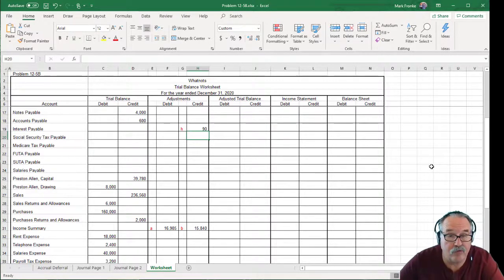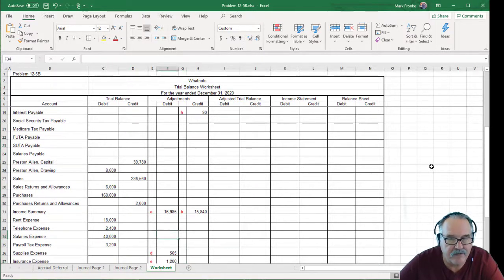I is the accrual for our wages. These are for people that worked for us. We haven't paid yet. The debit goes to salaries expense. This is I, $1,450, and credit salaries payable, $1,450.